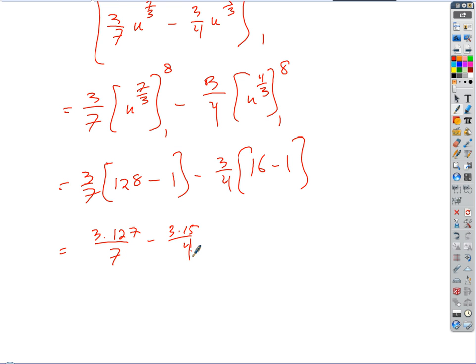Would it be 321? No, it would be 380. Not 380, 381. Yeah, 381 sevenths minus 45 fourths, which, I don't wanna do that. We have to get a common denominator, multiply by 4 over 4 and 7 over 7, but you guys can do that.